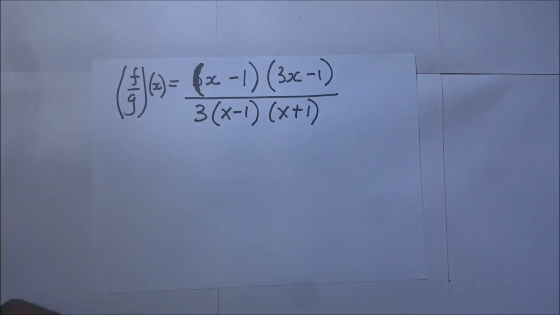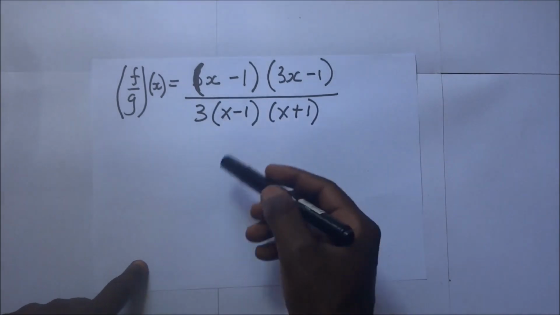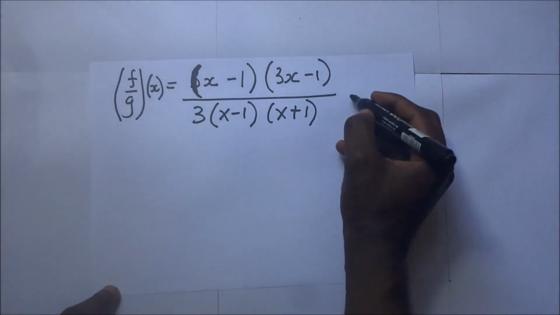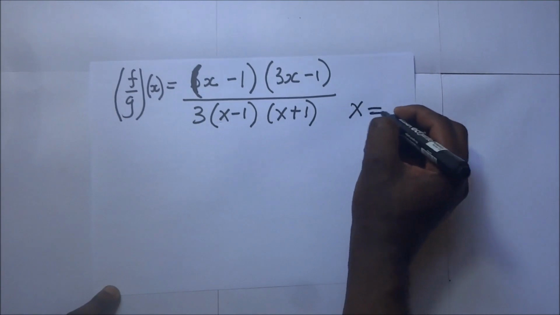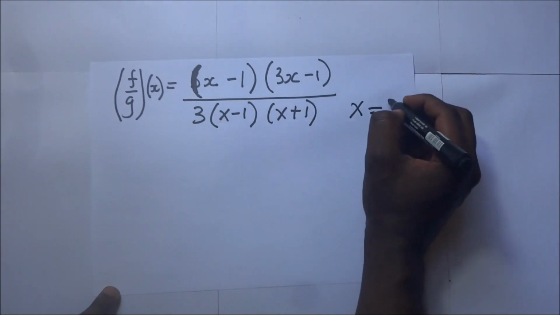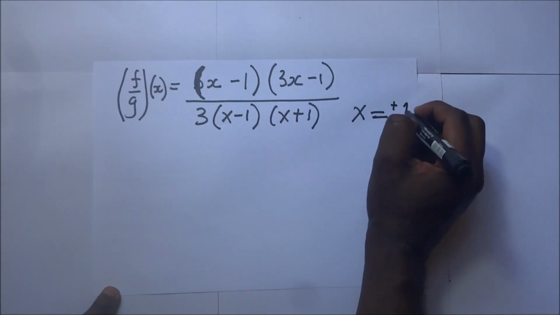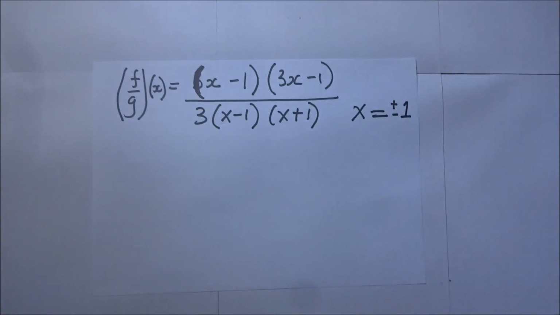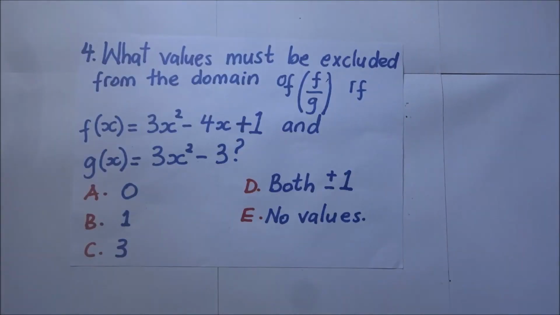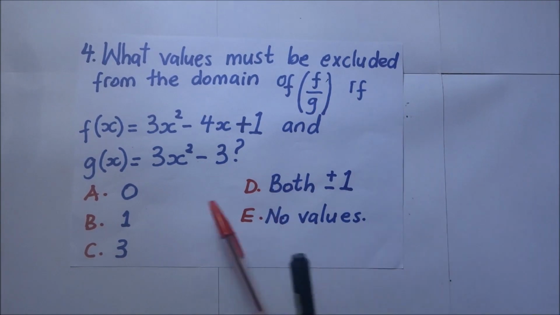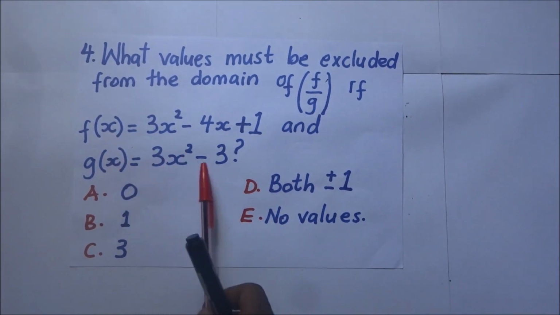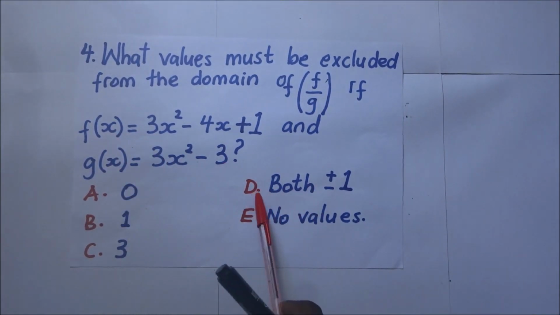So to avoid this denominator being equal to 0, it means that x should not be equal to either positive or negative 1. And so, going back to our question, it is asking us to find the values which must be excluded from the domain of the quotient of the functions f over g. If f of x was that and g of x that, the answer is definitely D.